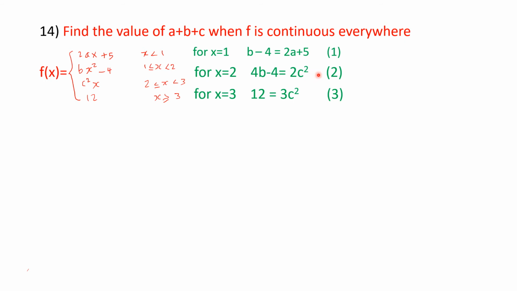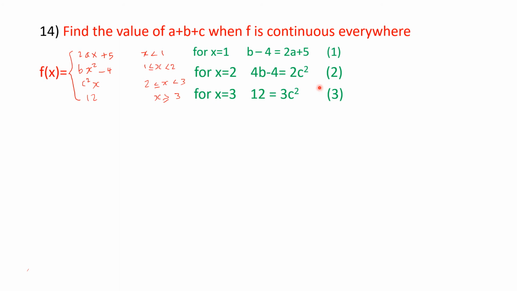That's our second equation. The third equation, x equal to 3, and we can see x equal to 3 is for the third branch and the fourth branch. So that implies that we have to plug in 3 for x, and that will give us 3c squared equals 12, which is the third equation.